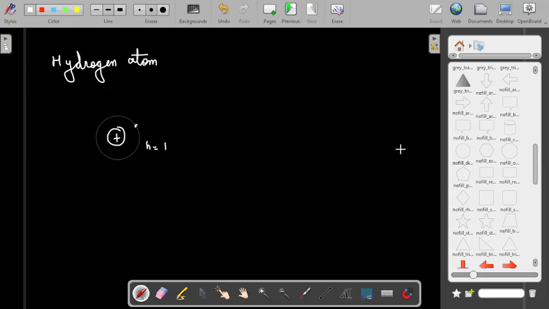If another hydrogen atom is present here, there also one electron will be present. The distance between the two is very far, so there is no interaction.